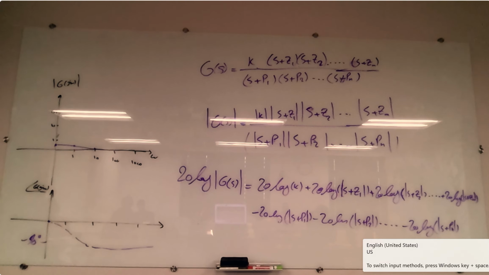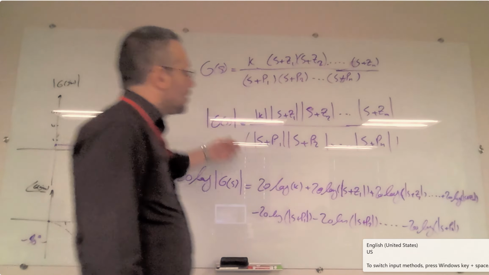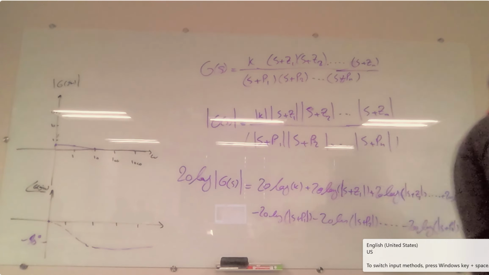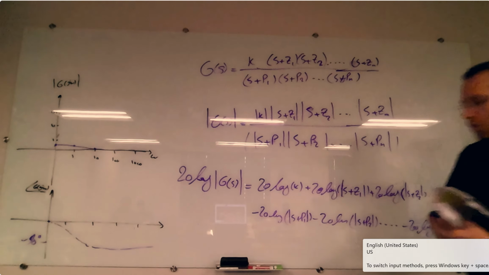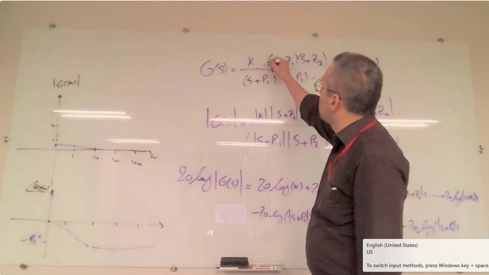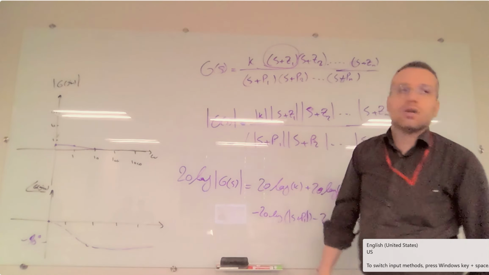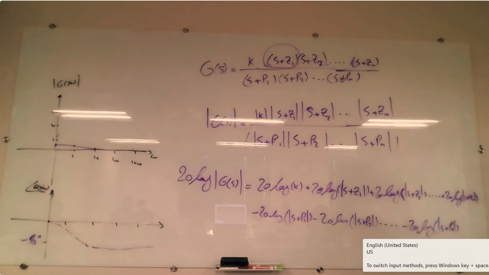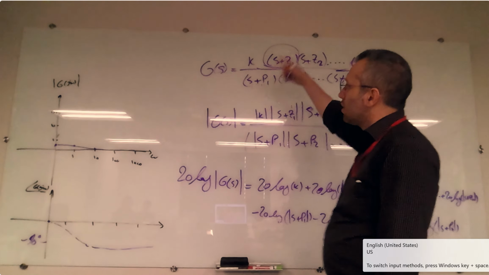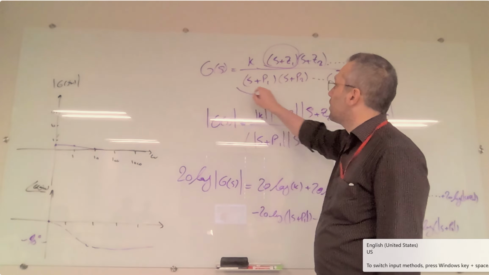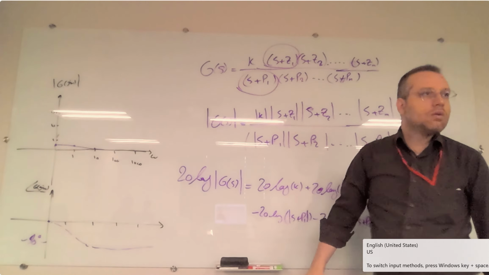So I don't even have to go through analyzing the G of s. I know these are the terms that I have, so I'm only going to focus on learning how to find the behavior for this zero, and I'm going to use the same analogy to find the behavior of this pole.